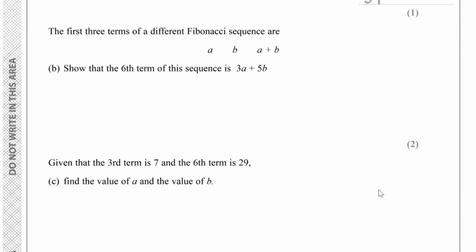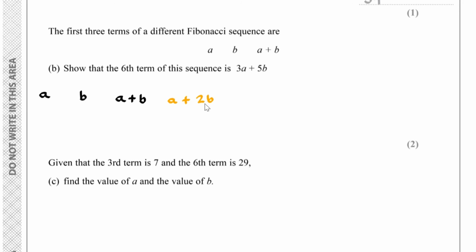Next, the first 3 terms of a different Fibonacci sequence are A, B, A plus B. We have to show that the 6th term is 3A plus 5B. So we've got A, then we've got B, then we've got A plus B. So the next term will be B plus A plus B, so that will be A plus 2B.